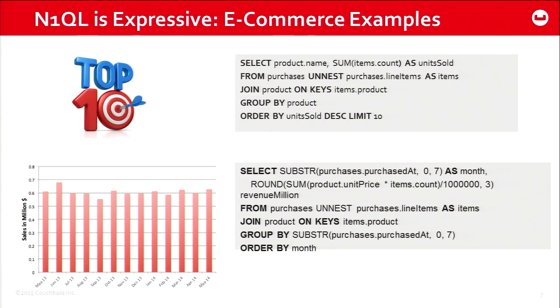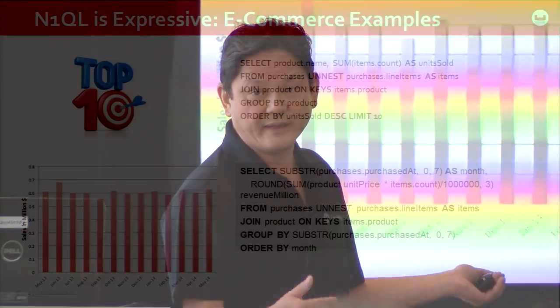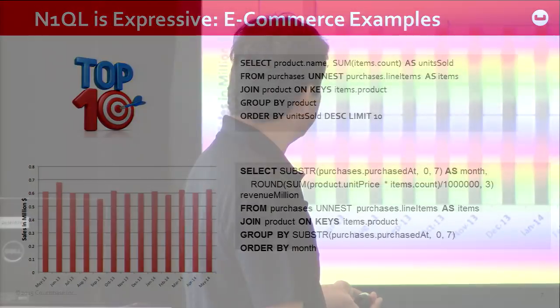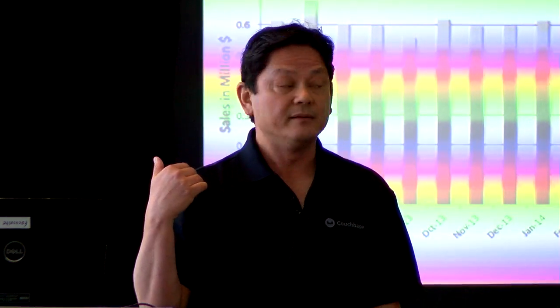Shown here using substring to pull out the year and month sold, and then you can do a simple order by month and sum up all the items and show it in millions. So there you go. You can quickly, in 5 minutes, generate a report of monthly sales for your boss. For those who know SQL, it's very quick to get the report you need, and your boss will think that you're a genius.